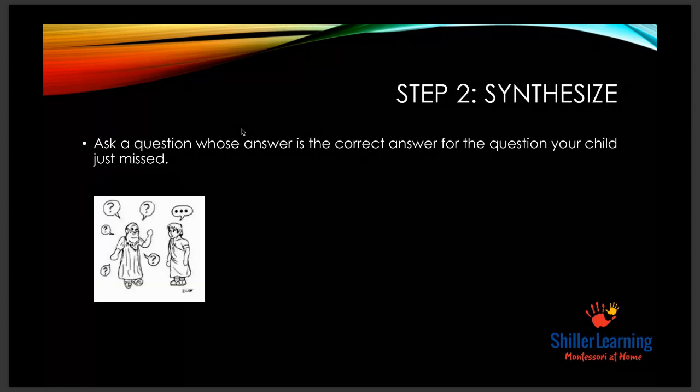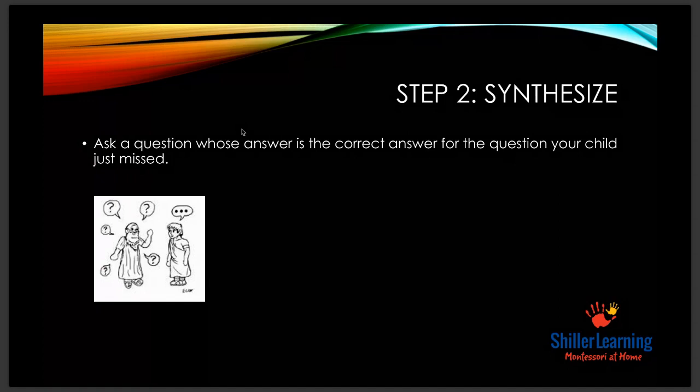Okay, so now we've stayed calm, and now we're going to synthesize by asking a question whose answer is the correct answer for the question that your child just answered incorrectly. We call this a light bulb question. This question is designed to help that child discover their own mistake.